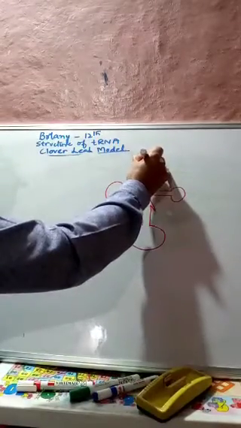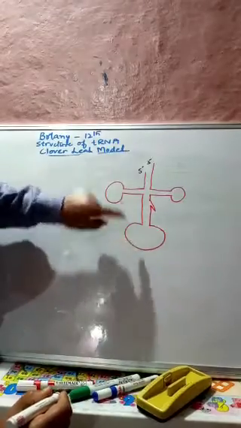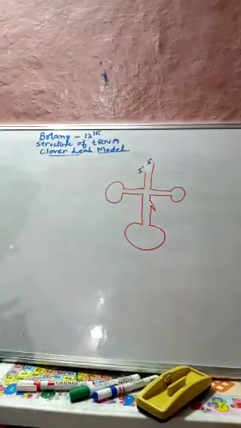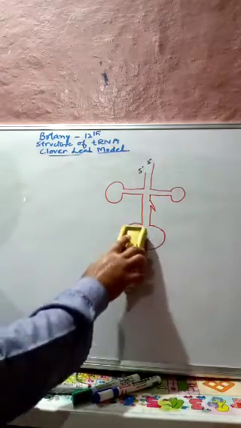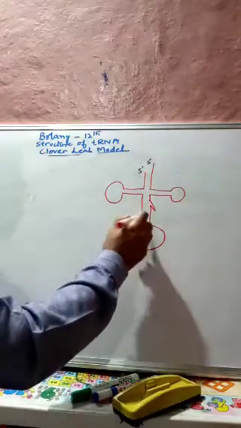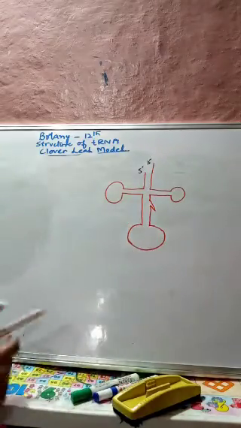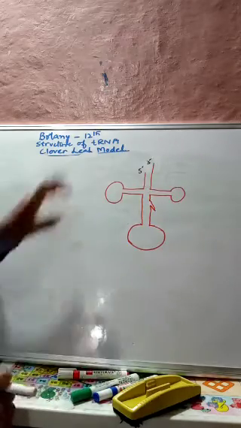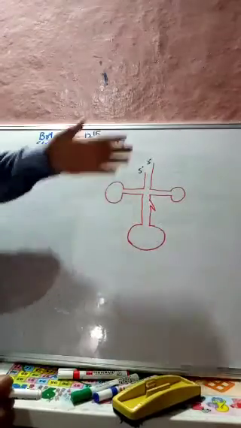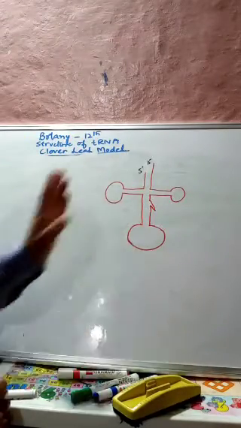Actually it is single stranded, but when we see the diagram of this, it seems as if it is double stranded, but actually that is not the case. It seems double stranded mainly due to too much folding.